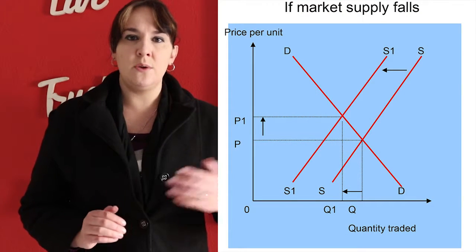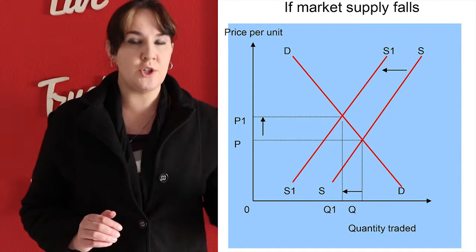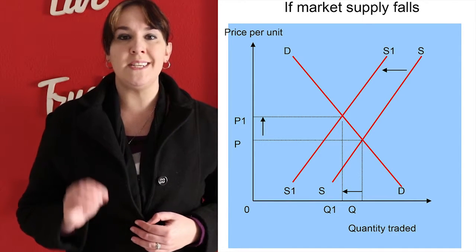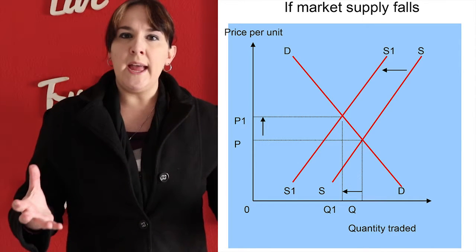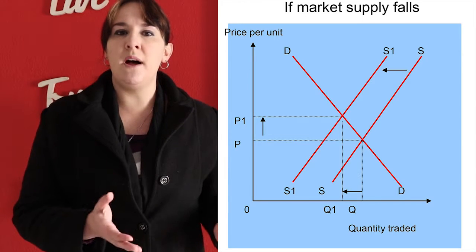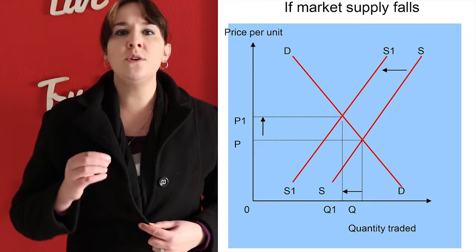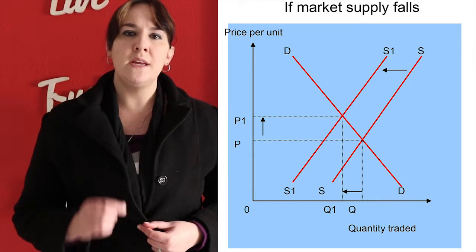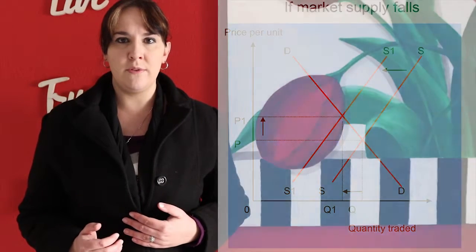And then I'll show the inward shift of my supply curve, because there's a decrease. If you think about it logically, if there are fewer products being supplied but the demand has not changed, it is going to lead to my price increasing.